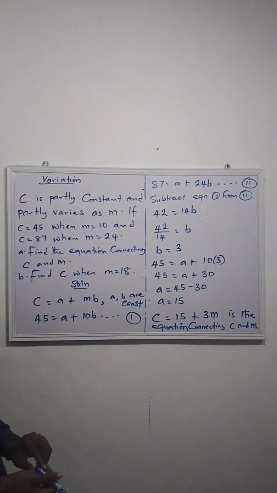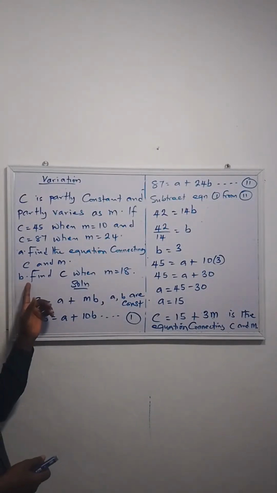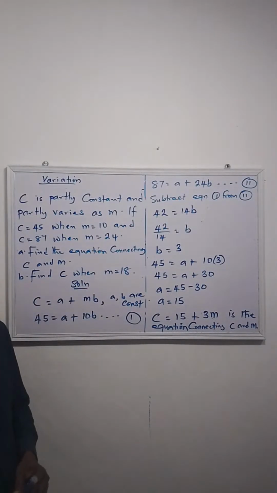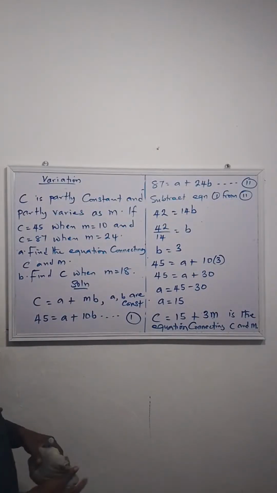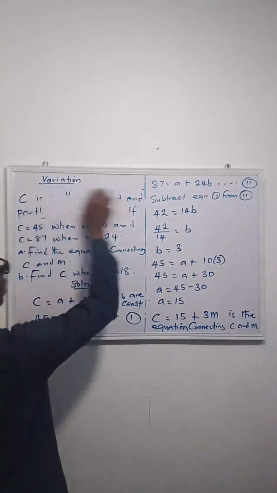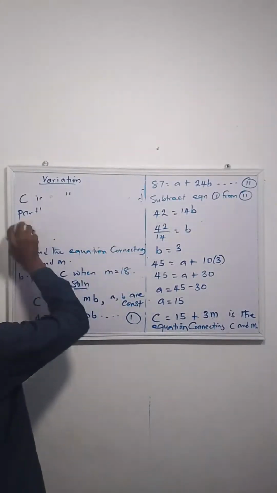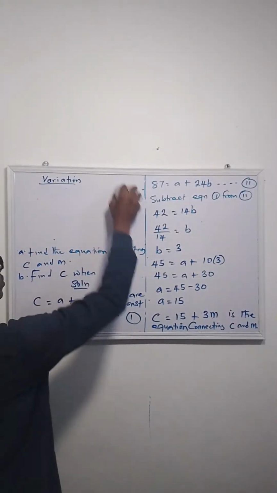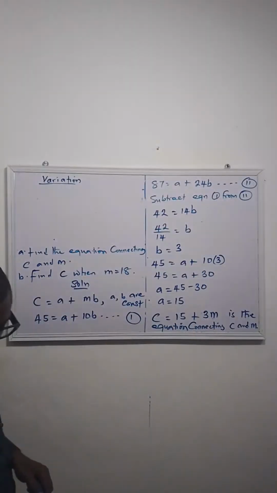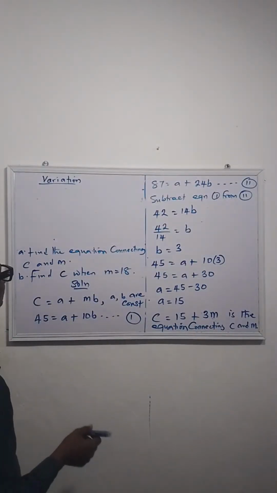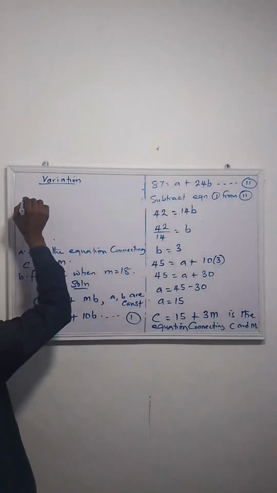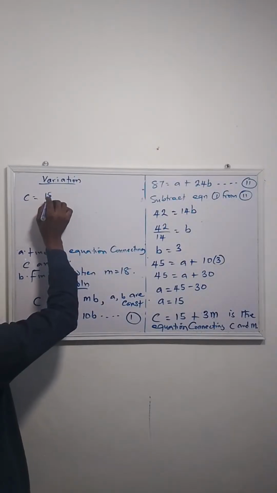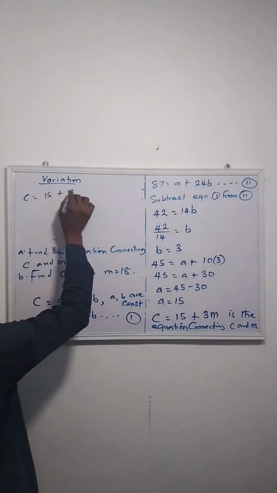All right, now let's look at the second part of the question. You have to find C when M is 18. So here we have C equals 15 plus 3M.